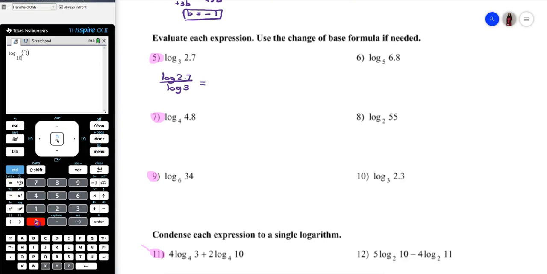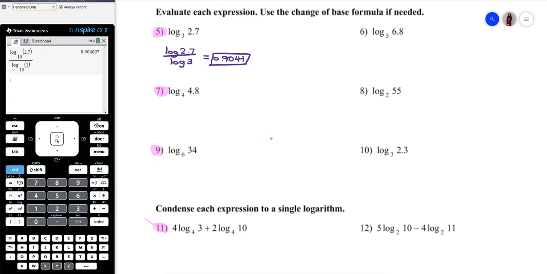Since it already automatically asks for a base, we use base 10: 2.7. I'll do it again, log base 10 of 3. So we get this decimal here, 0.9041. So 0.9041 is what that log would equal.